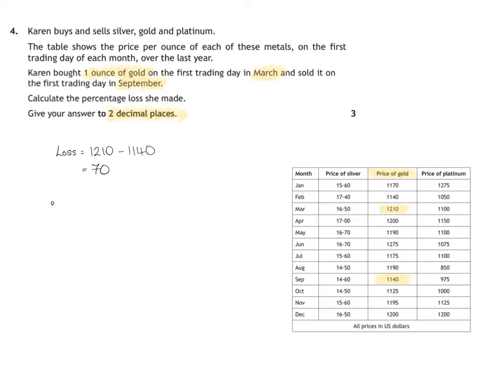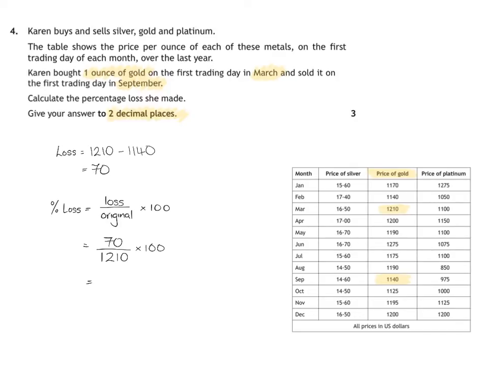So percentage loss. It's equal to our loss divided by original value times by 100 to change it into a percentage. So we have 70 over our original value, which is 1,210, times by 100.